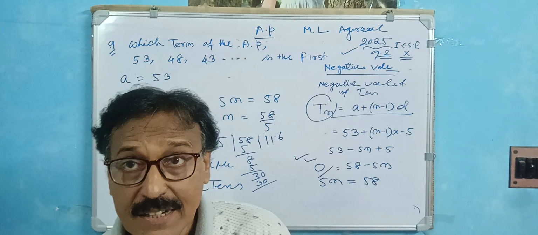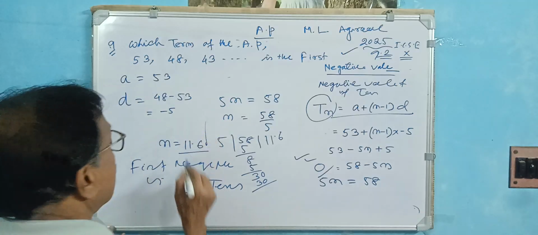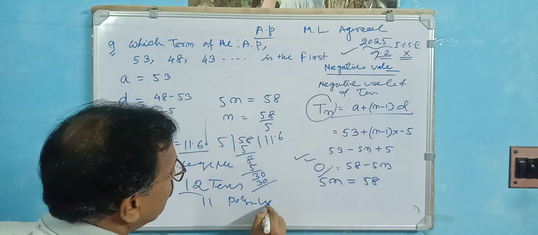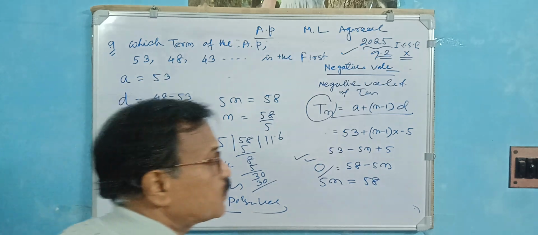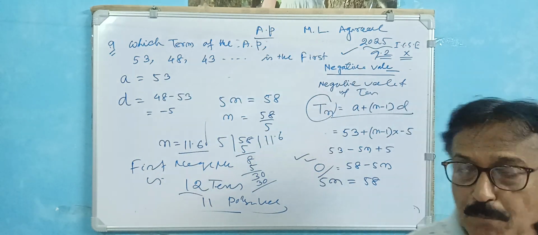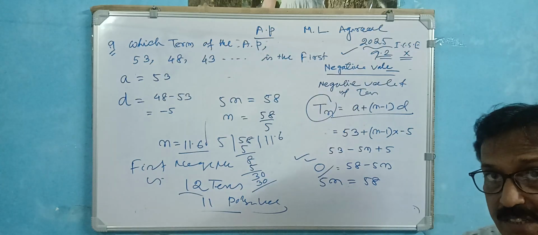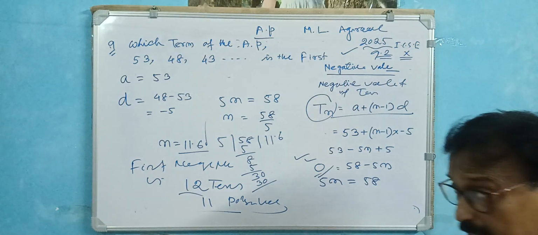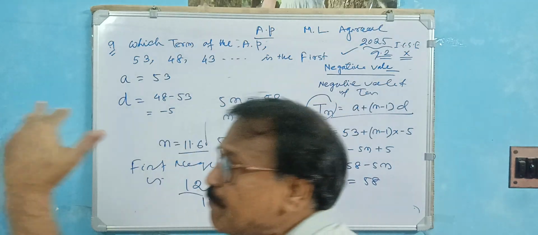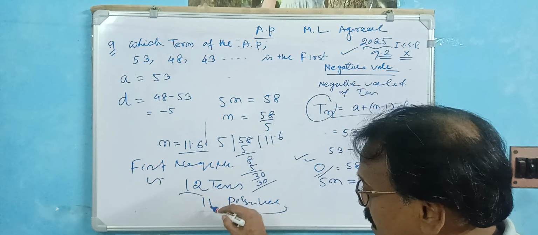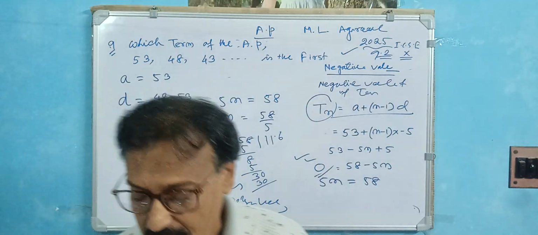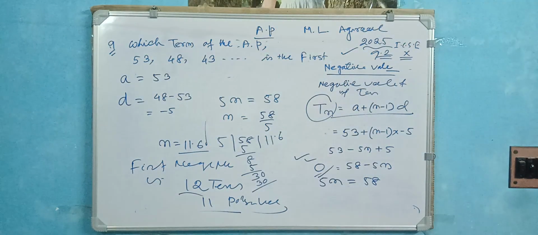Up to the 11th term the values are positive. 11.6 would be 0, but 11.6 is not a term here. After 11, the 12th term is starting the first negative value. Is it clear to you? Okay, thank you.